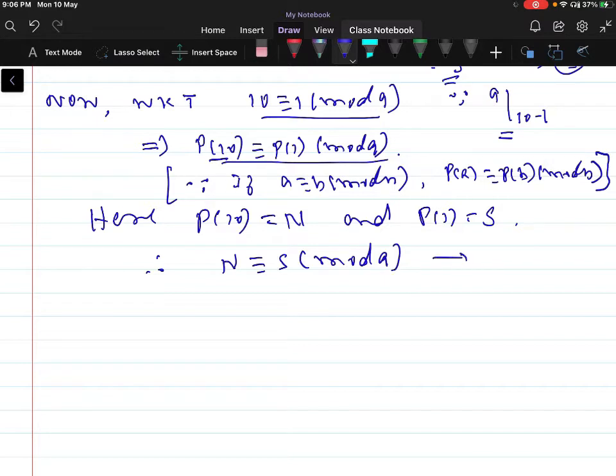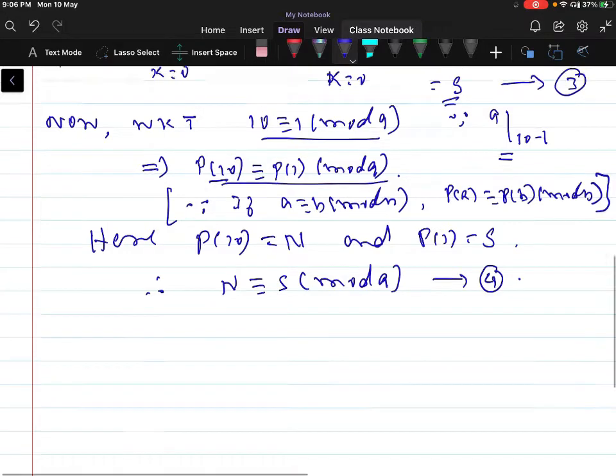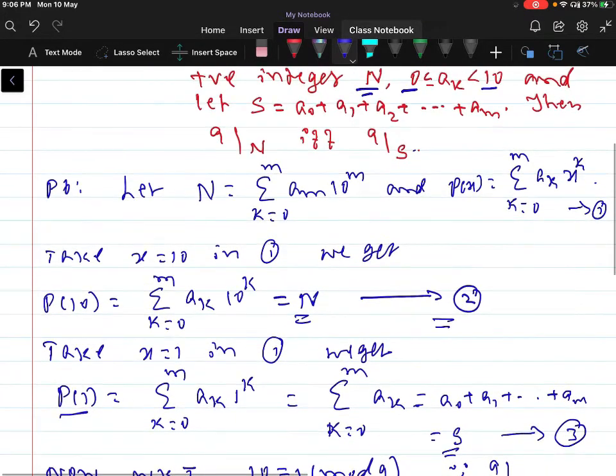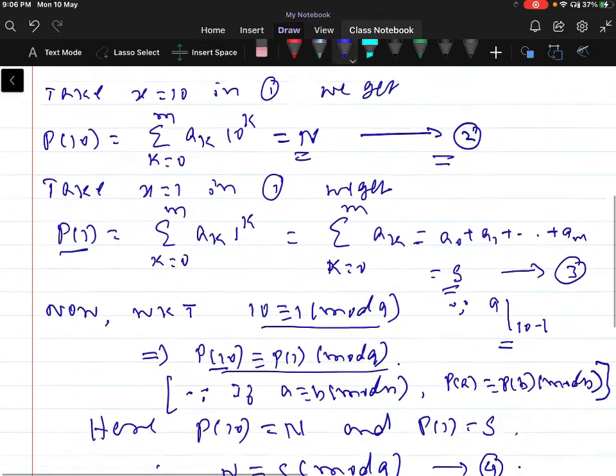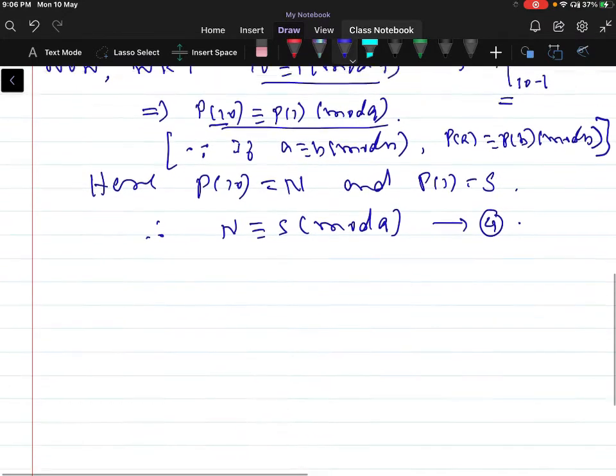Let us call this equation number 4. So now we have to prove that if 9 divides n, then 9 divides s also. And then if 9 divides s, then we have to prove that 9 divides n also. There are two parts to the proof here.